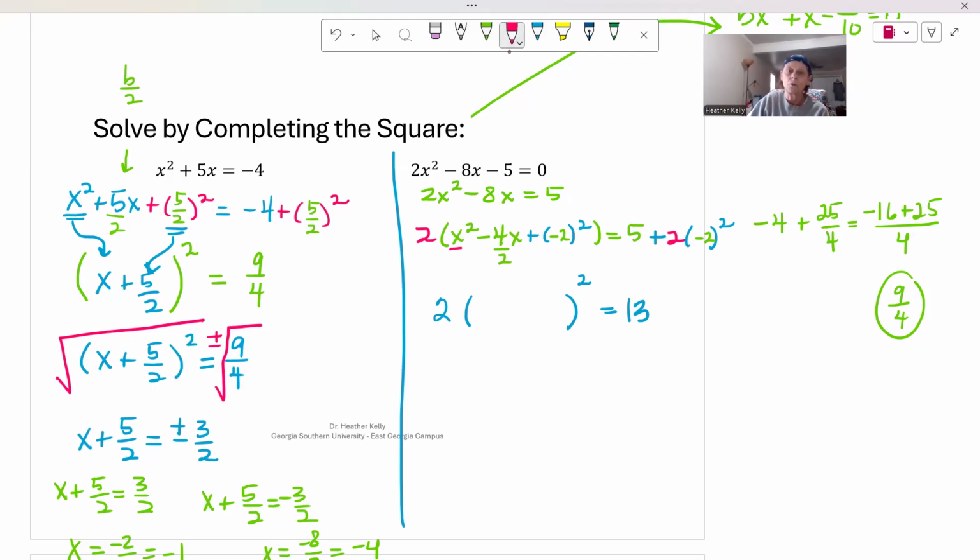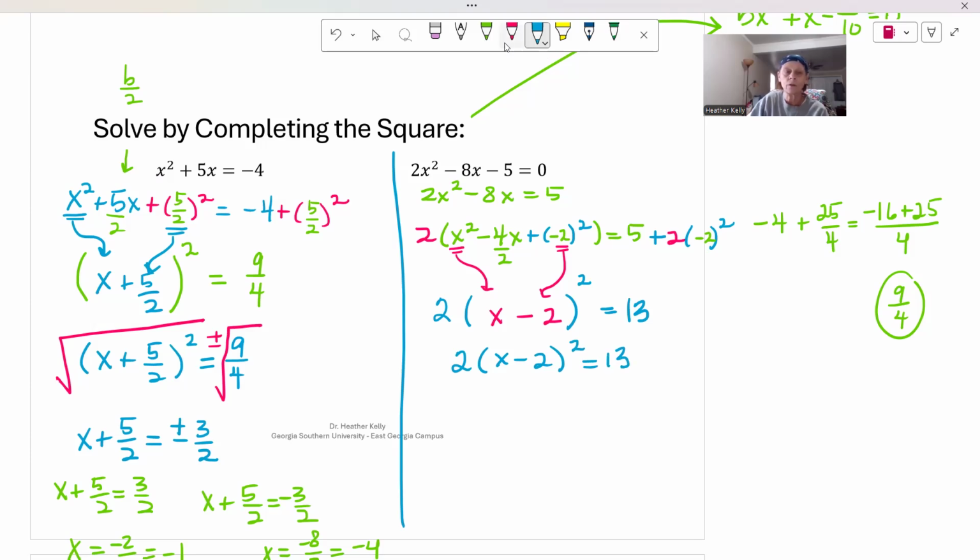And then we get 1 from this guy and 1 from this guy, and we've got x minus 2. Cool. Okay, so we wind up with 2 times x minus 2 squared equals 13.